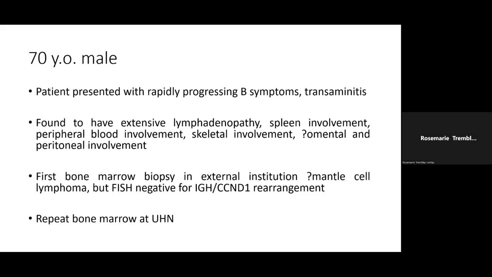The patient was then transferred to UHN for further treatment. A repeat bone marrow biopsy was done, mainly because of the transaminitis. I think they were concerned there might be concurrent hemophagocytic lymphohistiocytosis and potentially transformation, so the marrow was repeated for that purpose.